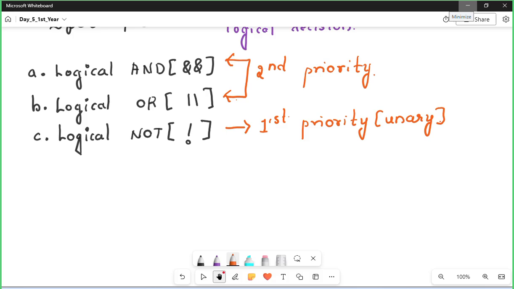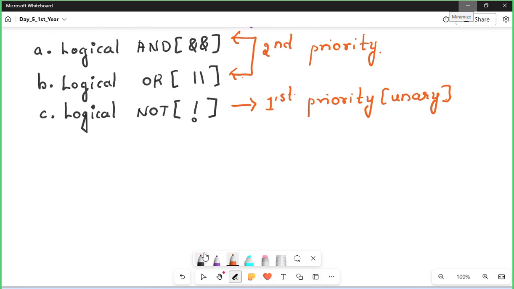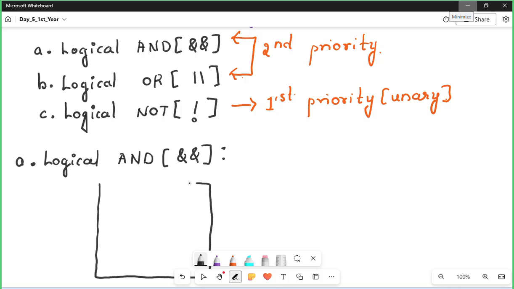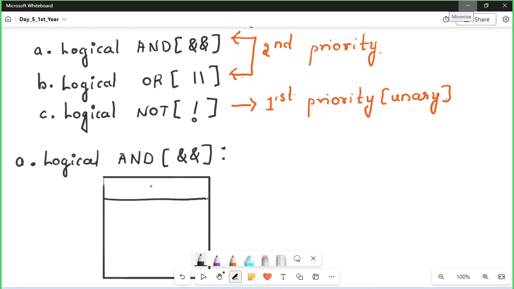Now let us understand the working of the logical operators. I'll take the first one, logical and. To understand this, you need to understand the table of the logical and gate.